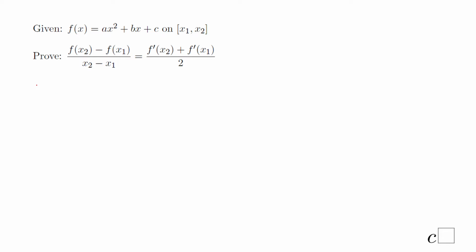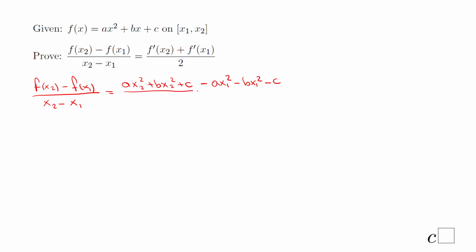I'm going to start with this average rate of change, and basically I'm going to use the quadratic we have: a x sub 2 square plus b x sub 2 plus c, this is f of x sub 2, minus a x1 square minus b x1 minus c over x2 minus x1.